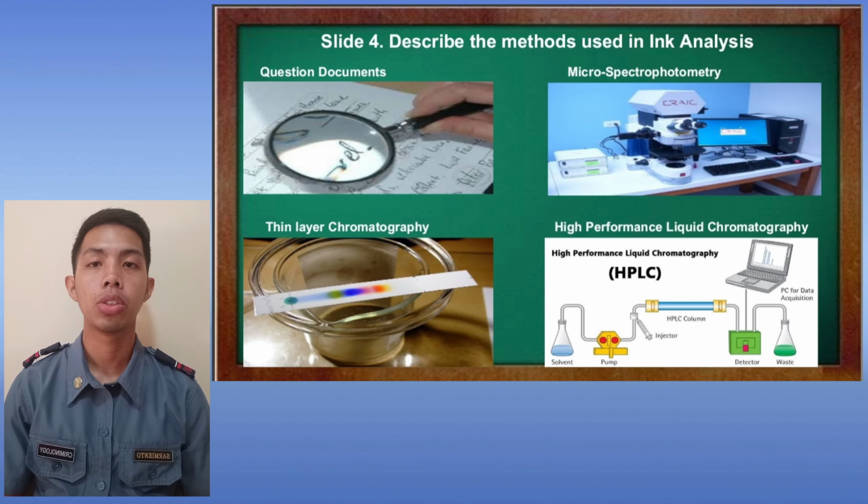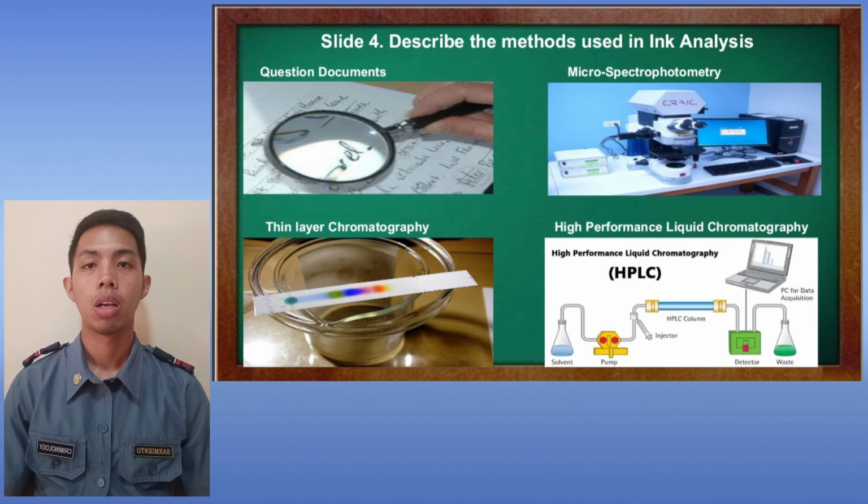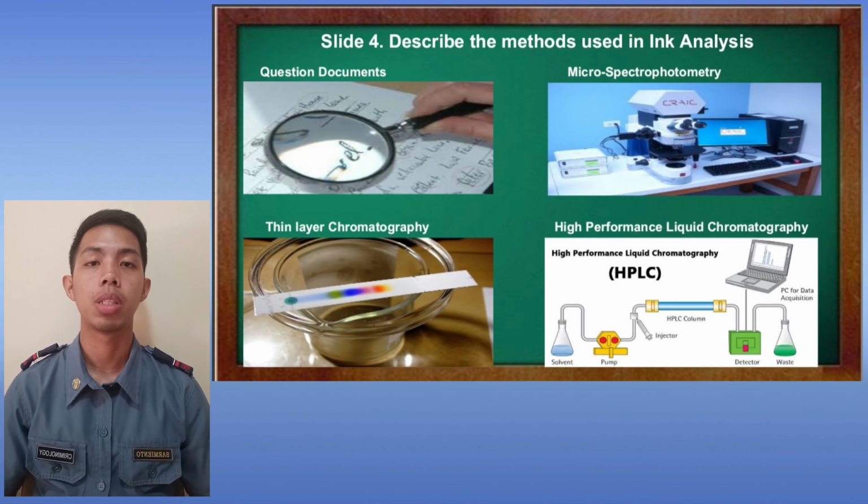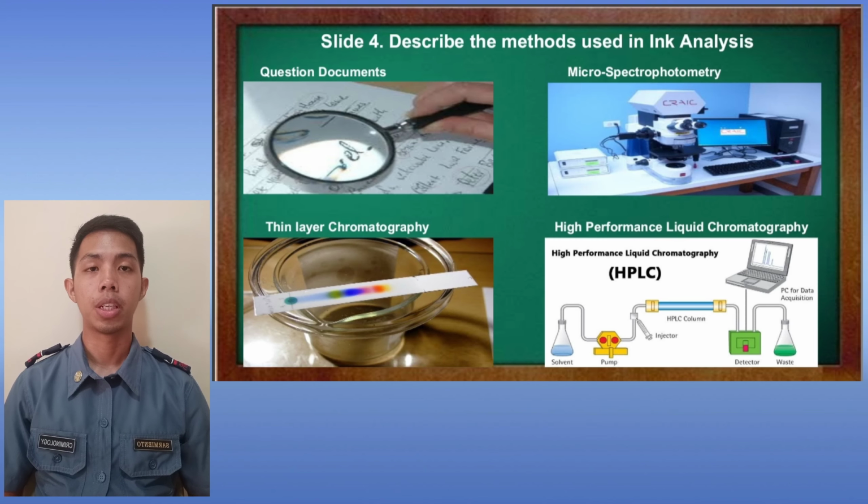The investigator may be able to see slight changes in ink color not visible to the naked eye that could be indicative of alteration, or there may be suggestion of obliteration and overwriting.